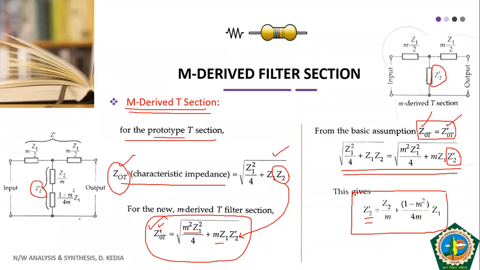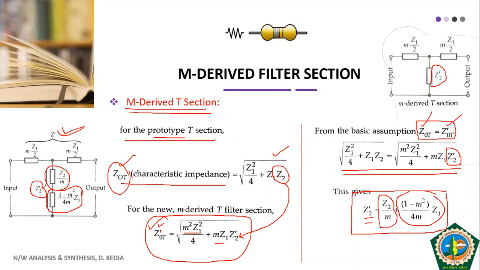So Z2 dash is a series combination of Z2 by M and (1 minus M square) by 4M into Z1. So this is your M derived T section.